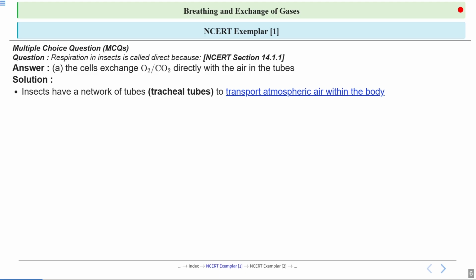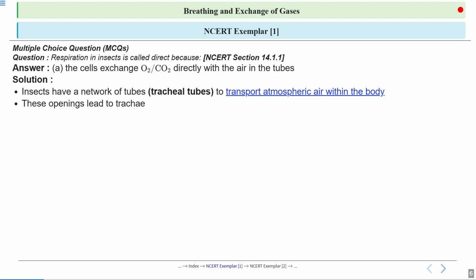In the previous class we have seen that there are tracheal tubes, a network of tubes present inside the body of insects, and that helps the transportation of atmospheric air, mainly the oxygen, within the body. These tubes are responsible for the transportation of air within the body, and these openings lead to the trachea.